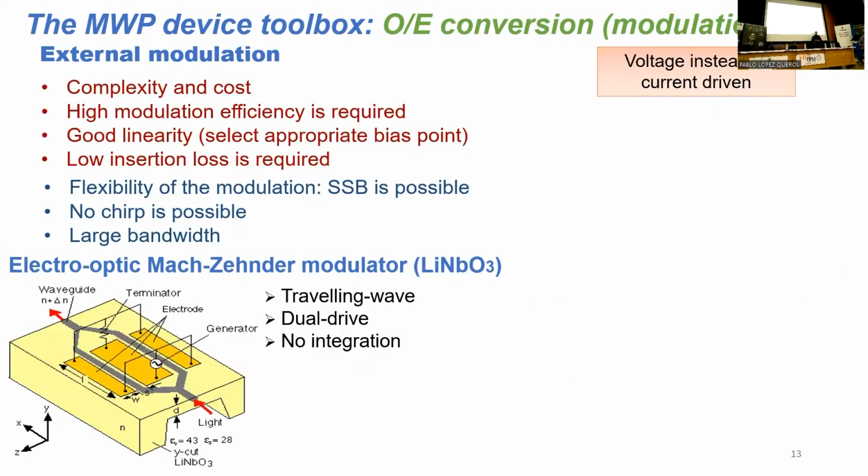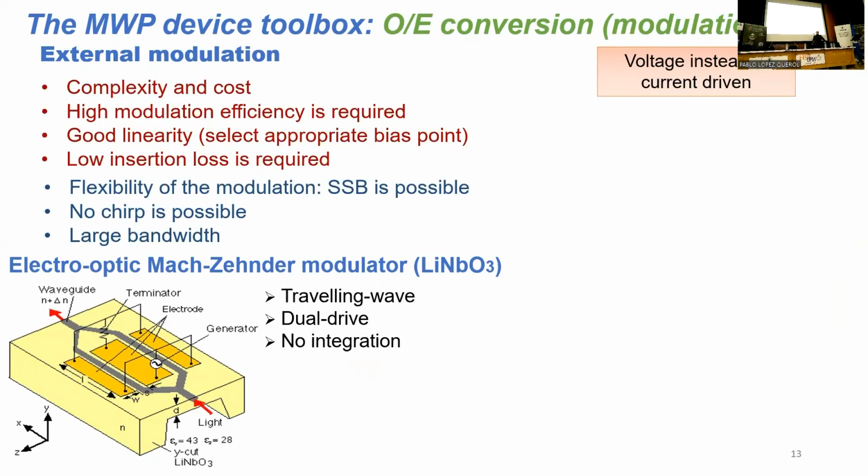For the modulation device, we usually employ Mach-Zehnder modulators. These are integrated devices which are really a balanced interferometer. Right now, there are many options.